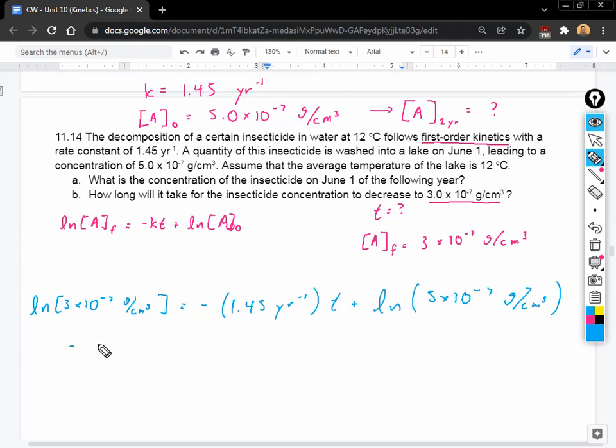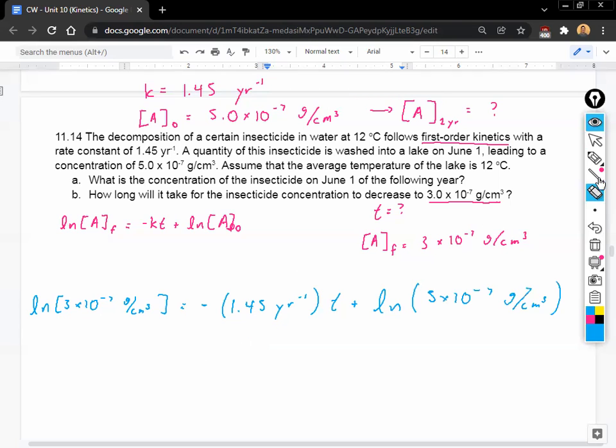For the left side, if you find the natural log of the final concentration, you should get 0.511. Sorry, this is if you divide, my bad. You want to move over the natural log right here and subtract it from this side.